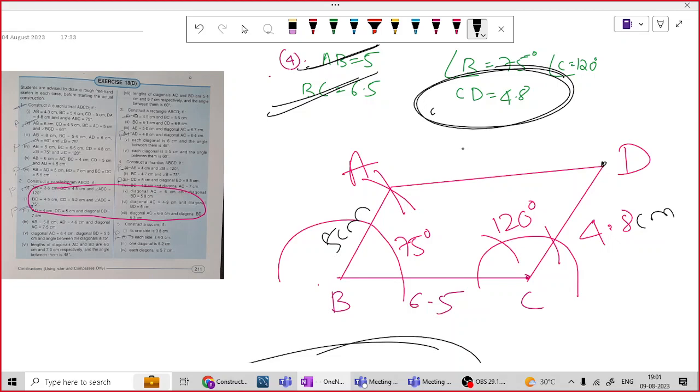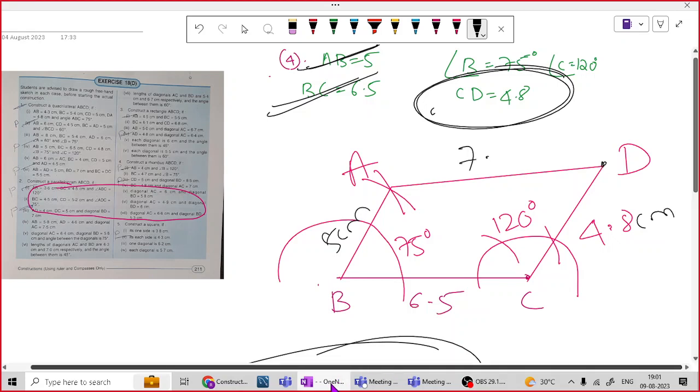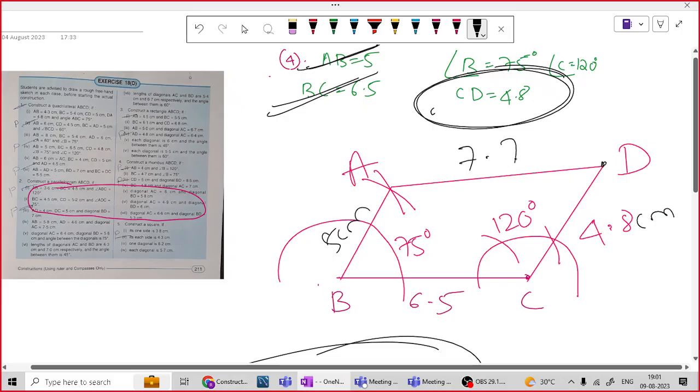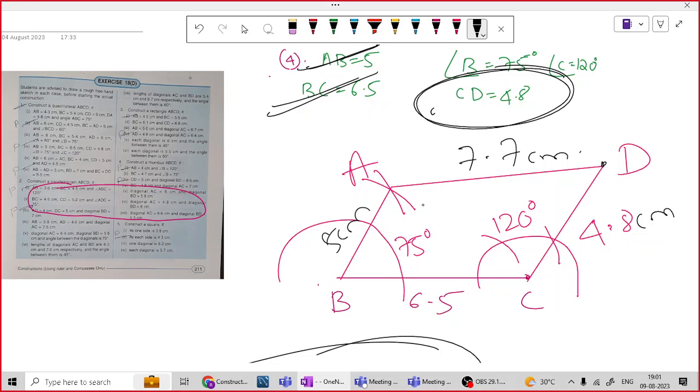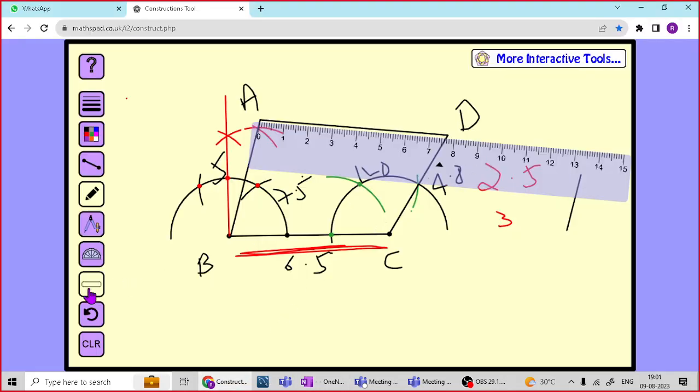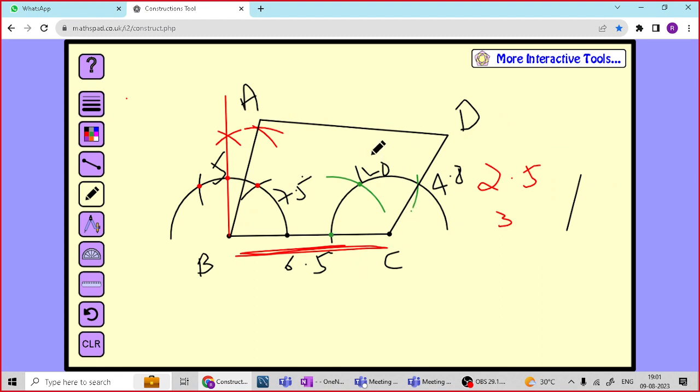I got 7.7 centimeters. But that doesn't matter. Whether it's 8, 8.1, at the end you have to get a diagram like this. Did you get a quadrilateral, four sides? Yes, sir. It can be 7.7, 8, 8.1, 8.2, anything.